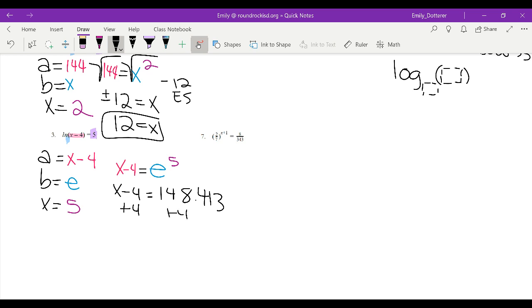Add 4 to both sides, and we get x equals 152.413. Double check our answer, natural log, and then if we push second answer, that'll get that whole thing in there, minus 4, and that does indeed equal 5.